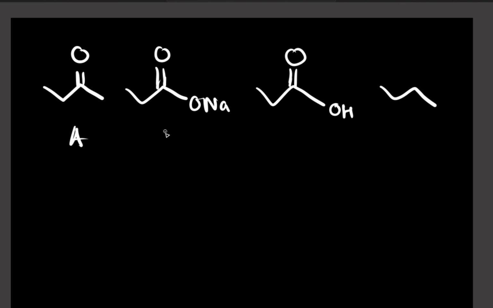Okay, let's call this A, B, C, and D. And it's going to ask to rank these molecules in terms of increasing or decreasing boiling points. And how are we going to do that?